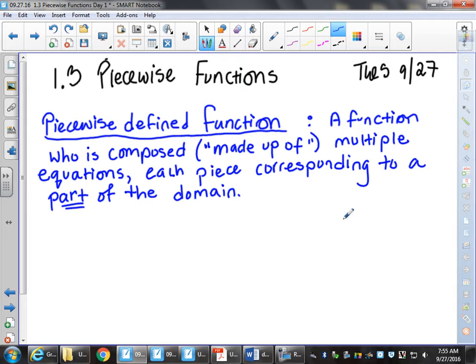A function who is composed or made up of multiple equations, each piece corresponding to a part of the domain.